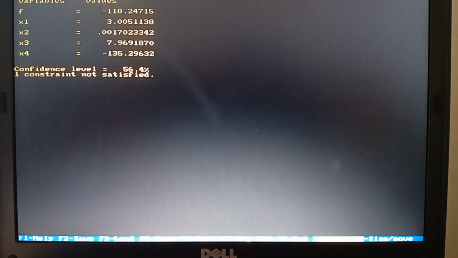Well, this is more or less what happens in the true problem. In the original optimization problem, the objective function is minus 119, and this 7.96 in the variable number 3 is 8, in fact.